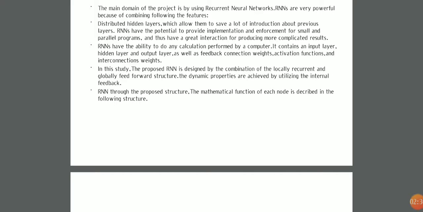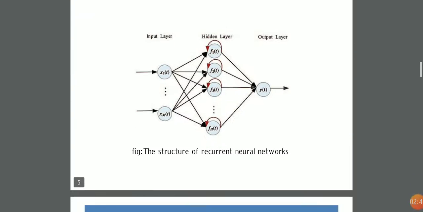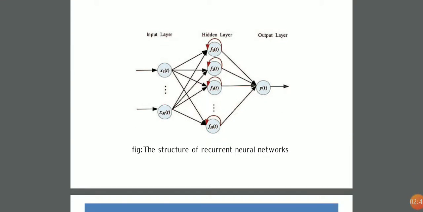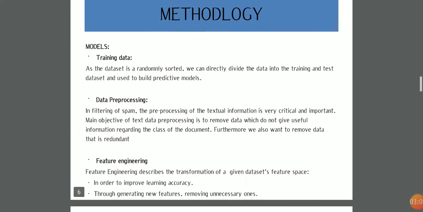Through the proposed structure, the mathematical function of each node is described, where this is the structure of recurrent neural networks. It contains an input layer, hidden layer and output layer, where we can give many inputs and get one output.